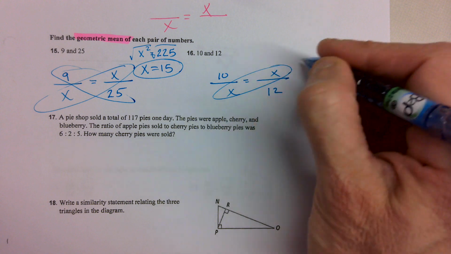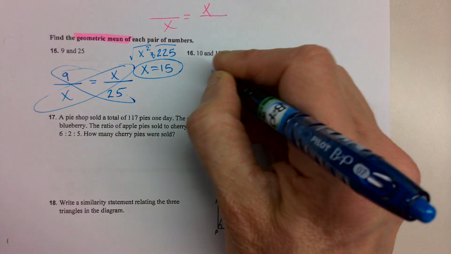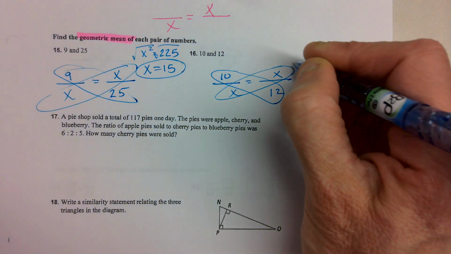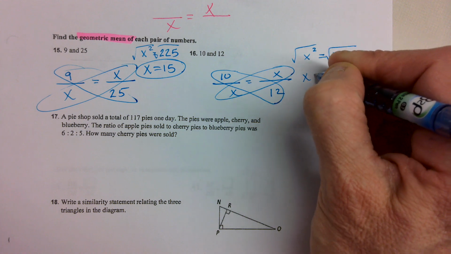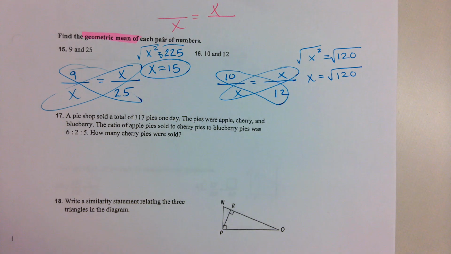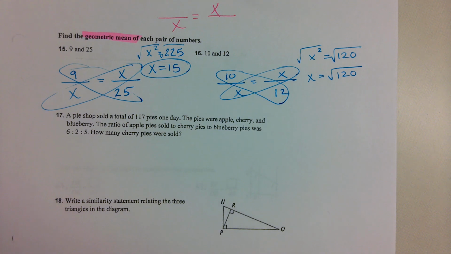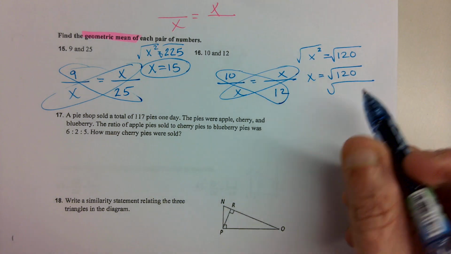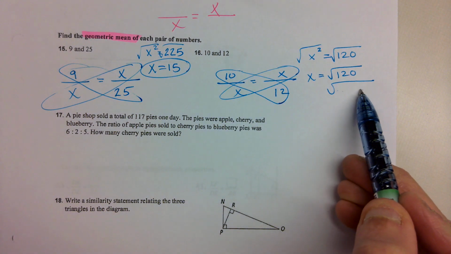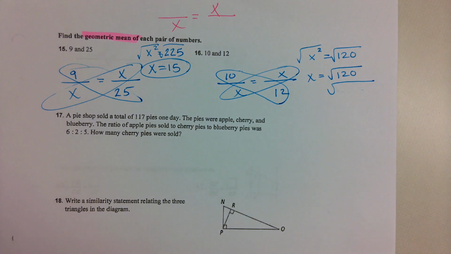This one, on the other hand, x times x is x squared equals 120, and when you square root, it does not come out evenly. I don't want a calculator. I want an exact answer, in reduced radical form. So think of two numbers that multiply to give you this, but one of them has to be a perfect square, so you can take its square root and it comes out even.